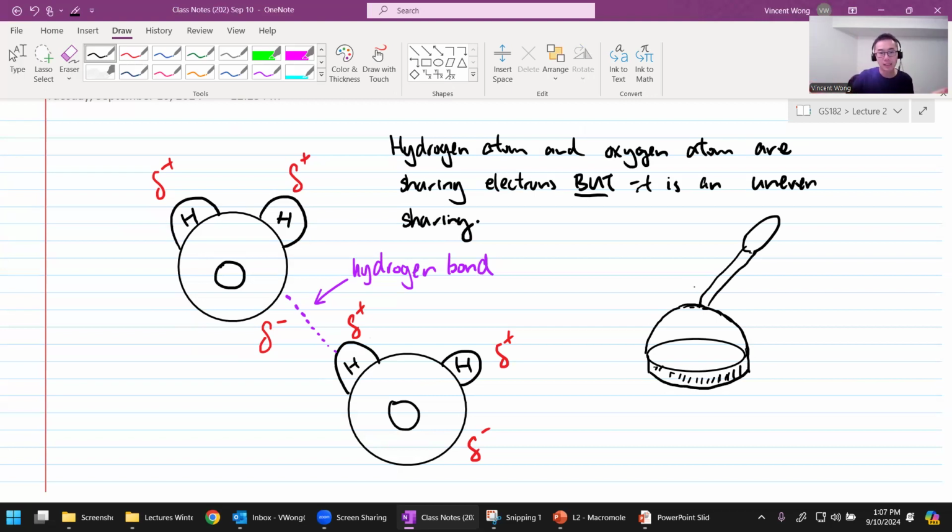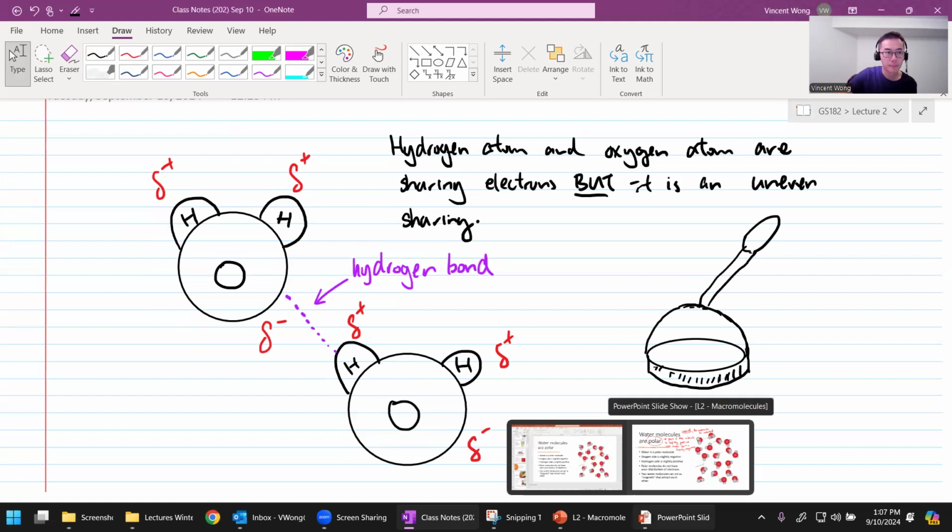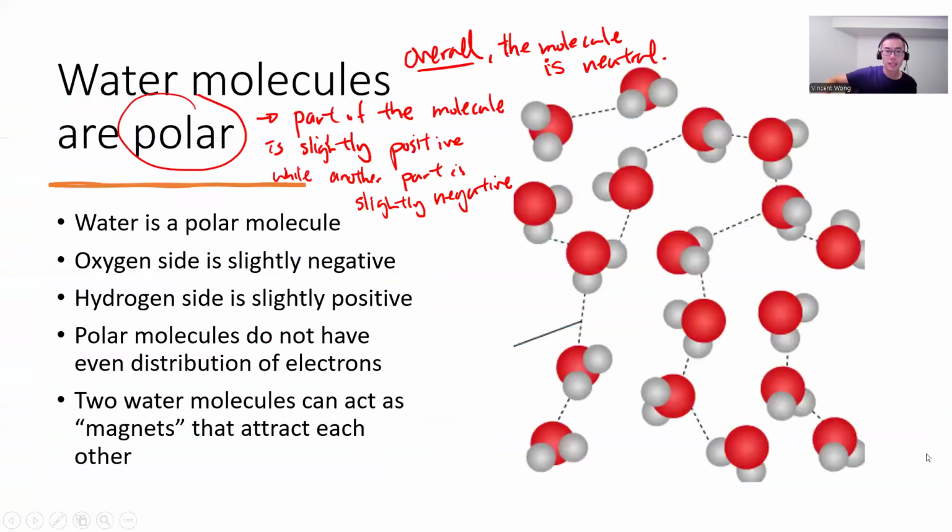It's the same reason why some bugs can walk on water, because of this stickiness of water. It forms a film. We call that surface tension. In this picture, you can see all these interactions. All these are hydrogen bonds. Hydrogen bonds allow the water molecules to act as magnets that stick to each other.